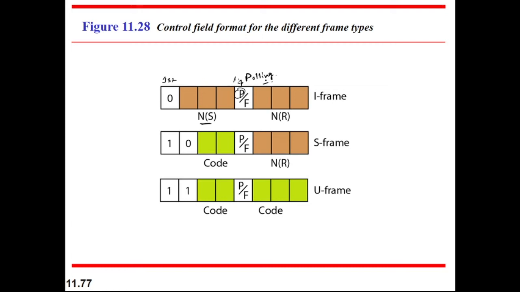Polling means, suppose a sender wants to send data to the receiver, then at first the sender asks the receiver whether the receiver is free or not, or the sender must supervise the channel, whether the channel is occupied or free.